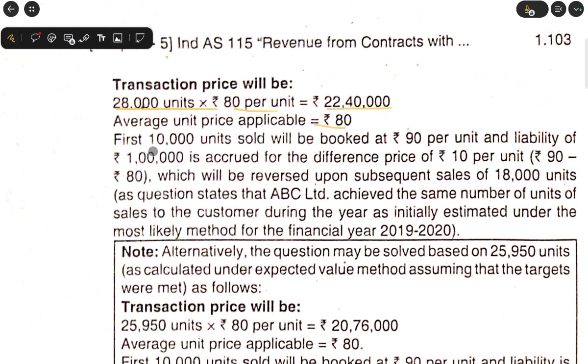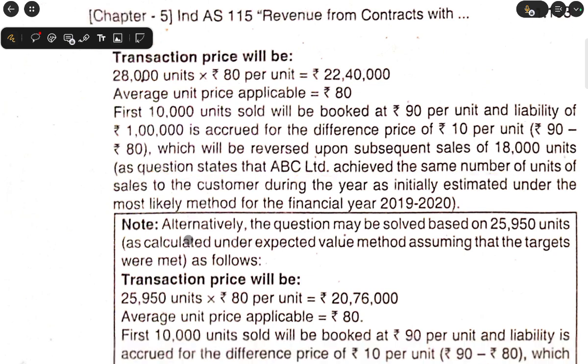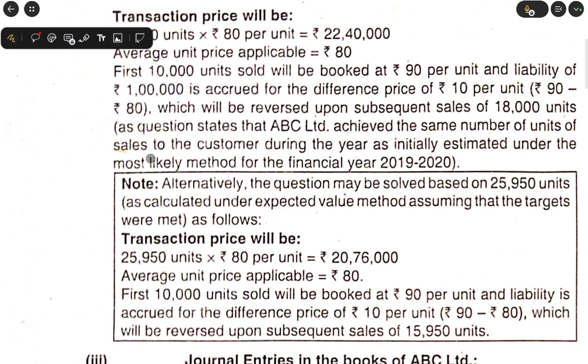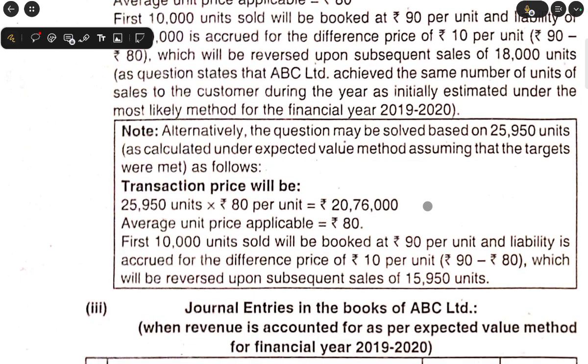The first 10,000 units are sold at 90 and the liability of 1 lakh will be accrued or deferred for the price difference of 10 per unit, and will be reversed upon subsequent sales of 18,000 units, since ABC achieved the same number of units of sale to the consumer during the year as initially estimated under the most likely method for financial year 19-20.